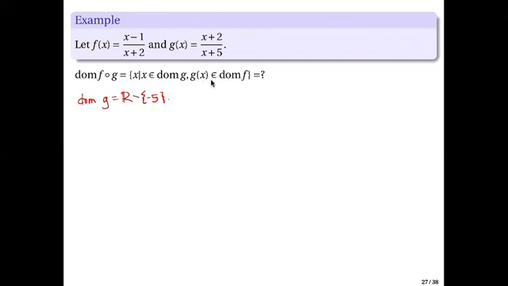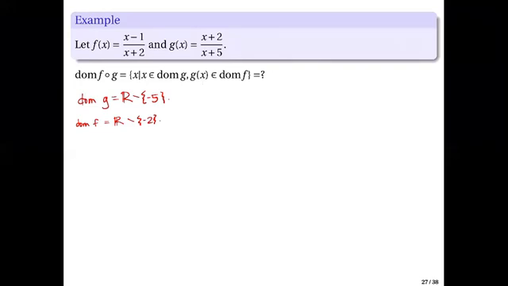Your g of x must be in the domain of f. But what's the domain of f? The domain of f, this is the set of real numbers except -2. Okay? So meaning, we don't want our g of x to be -2.